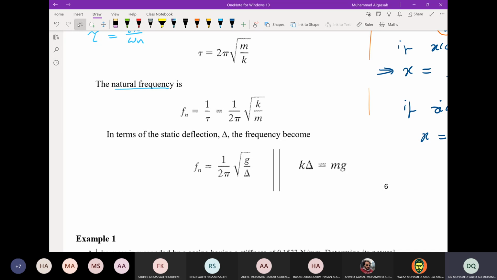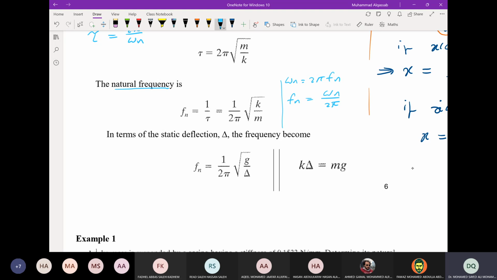And of course, you can also write that omega n equals 2 pi fn, which is also true, so fn equals omega n over 2 pi, and when you substitute for omega n, which is the square root of k over m, fn is 1 over 2 pi square root of k over m.